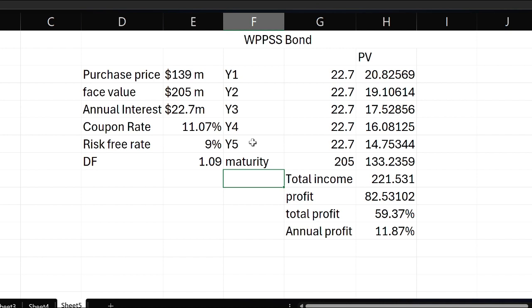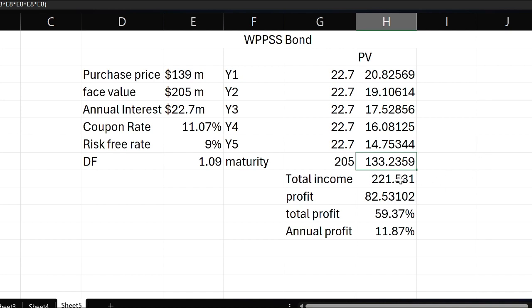Based on the information given, I just calculated the returns from that particular bond, and at maturity this 205 million which he has invested will become 133.2359, depending on the discounting factor as 9% risk free rate.